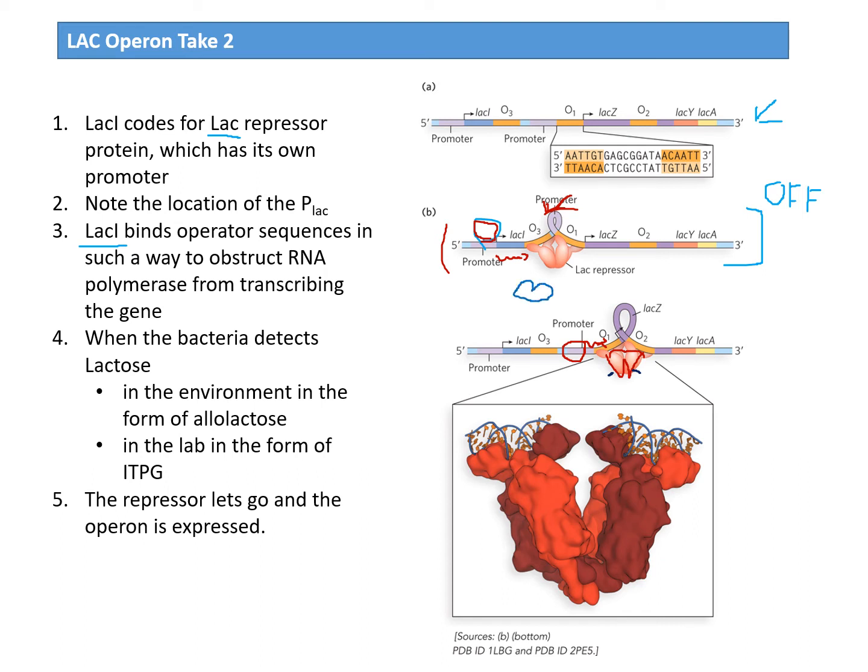Now it's dissociated because it's bound with lactose. And now the polymerase can get through just peachy. So now it can get all the way through. And that's an example of how a gene is regulated, both by blocking initiation on the promoter and also blocking elongation off of an adjacent promoter.